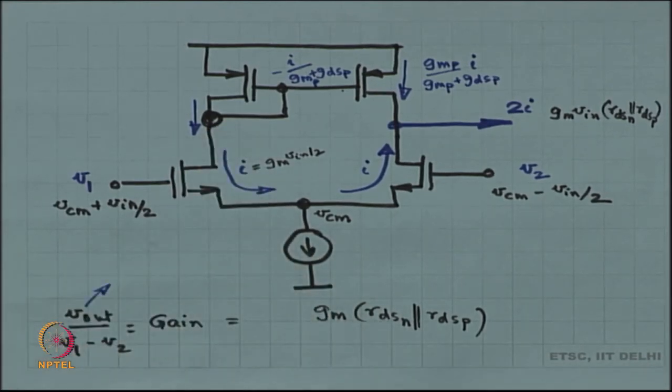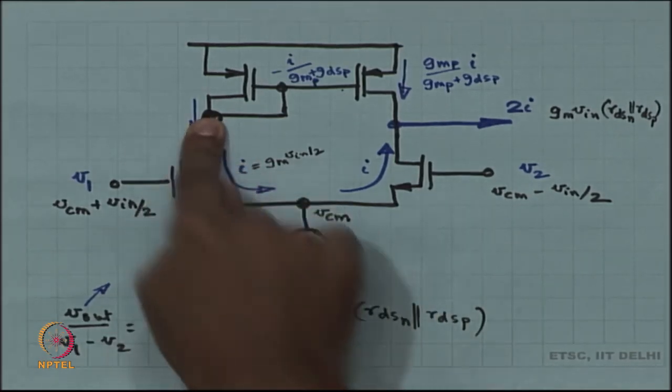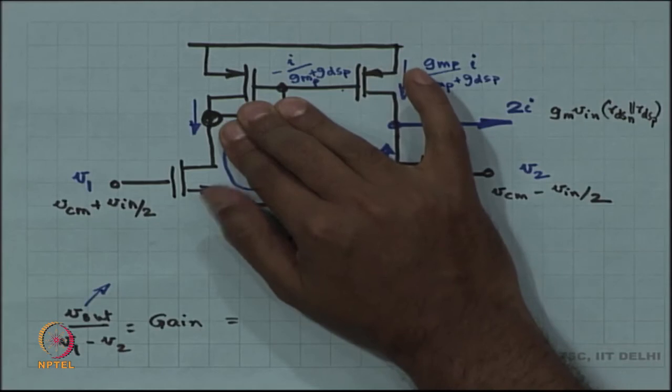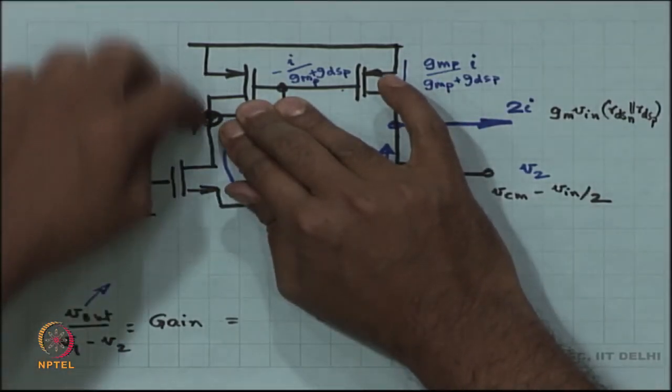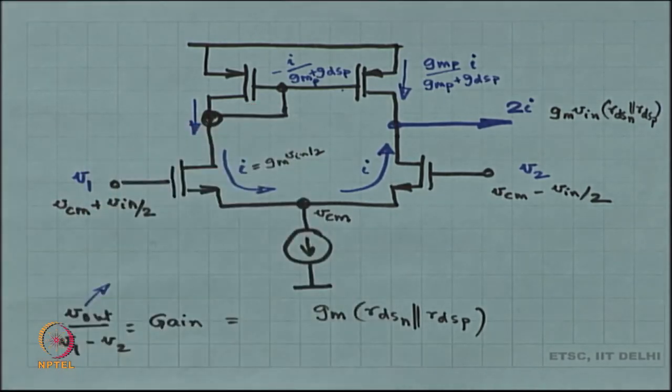So what happens over here? In this circuit, this node is more or less static, this node goes double, whereas in the symmetric case, this node comes down and this node goes up by equal amounts. All right. Are you getting the clarity over here?